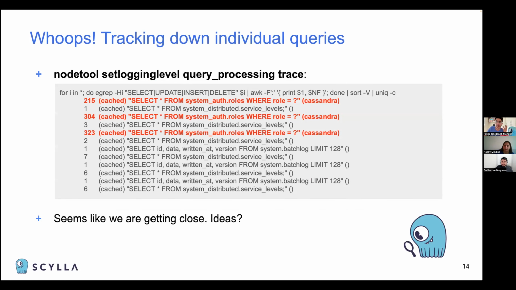All right. So at this point, we already had a good suspect. But what exactly was running in this class for reaching out to a separate data center? So what we did was we enabled tracing for some time and then collected the results. And the numbers on the screen, in particular the red highlighted ones, reveal that most of the queries being run internally by the database were related to authentication.